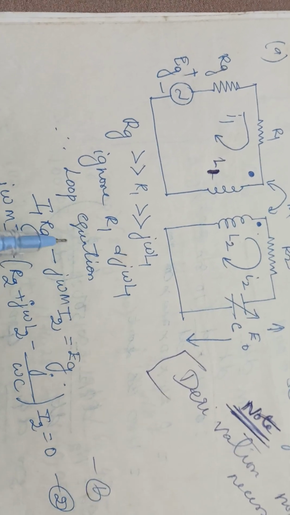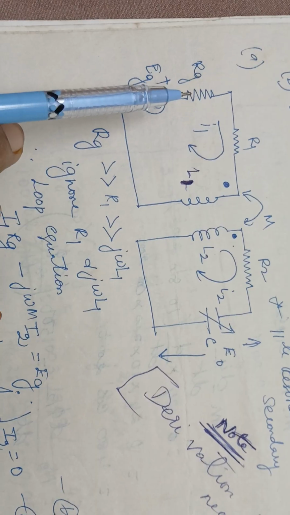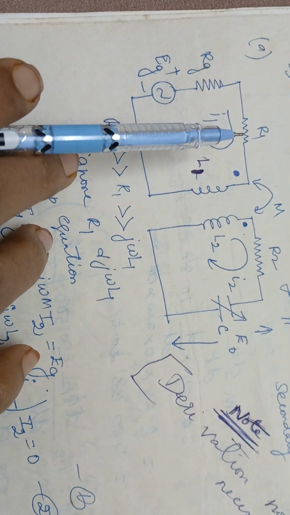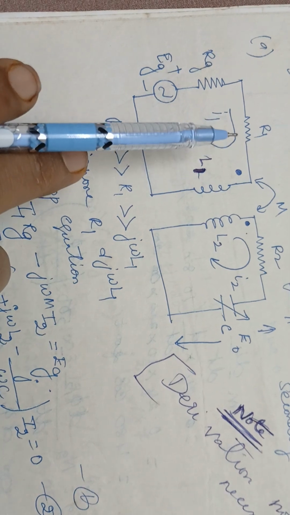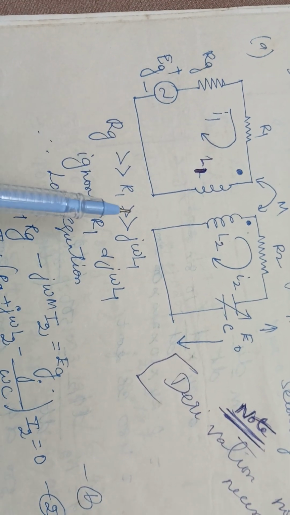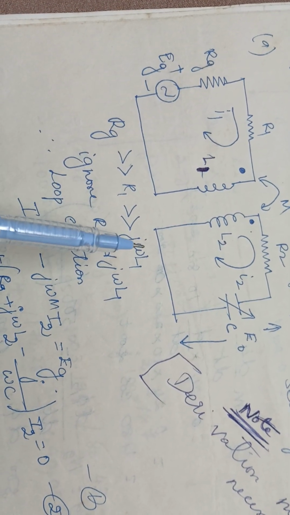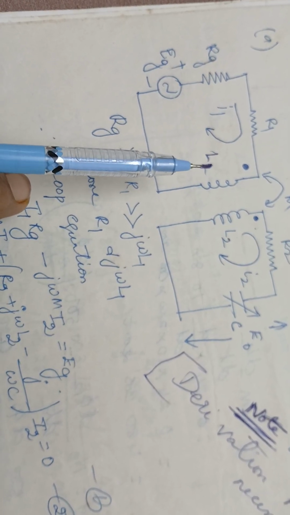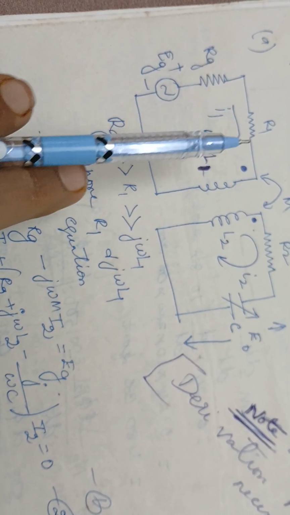Taking the loop equation I1 RG, generally we would take I1 into R1, but here it is small, so we are ignoring it.